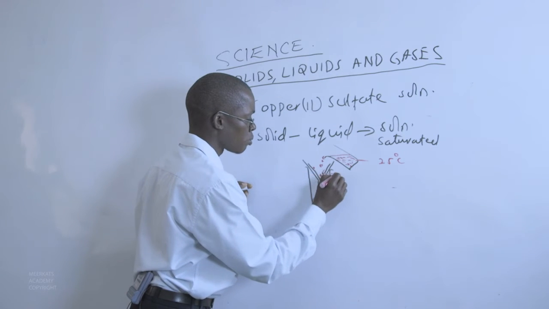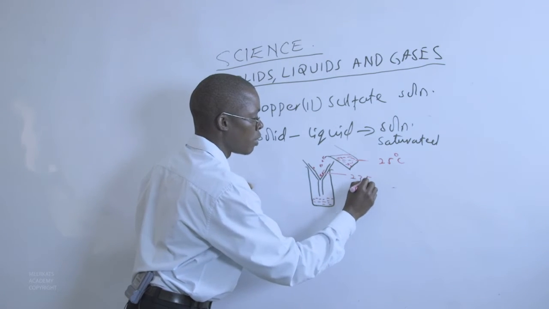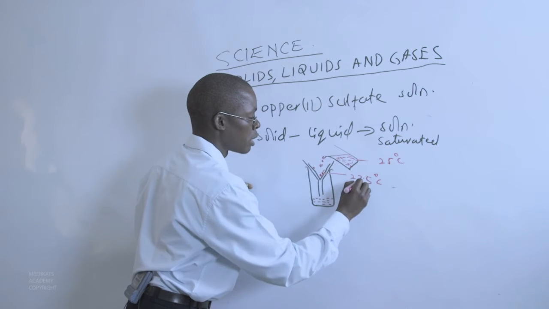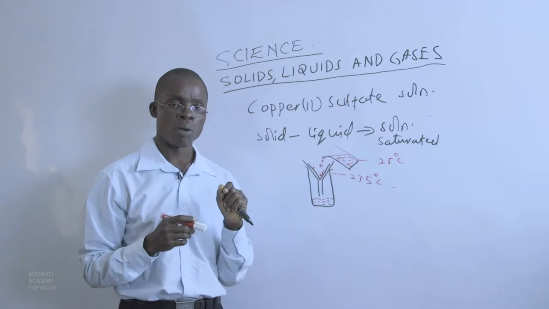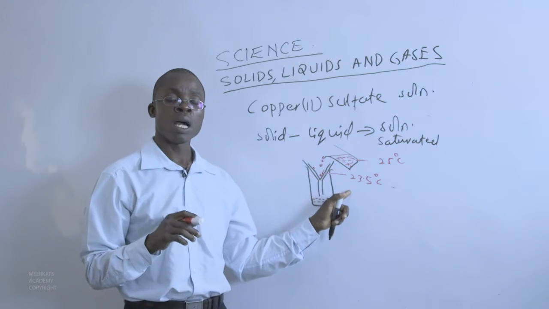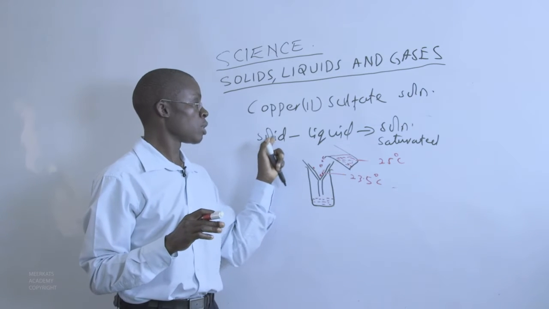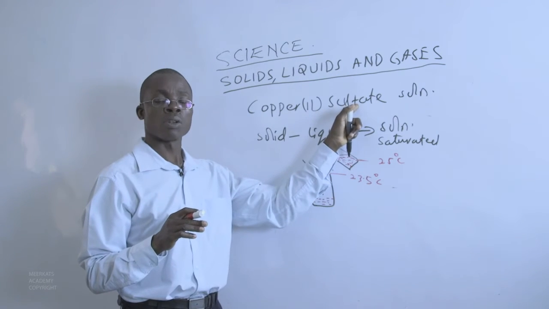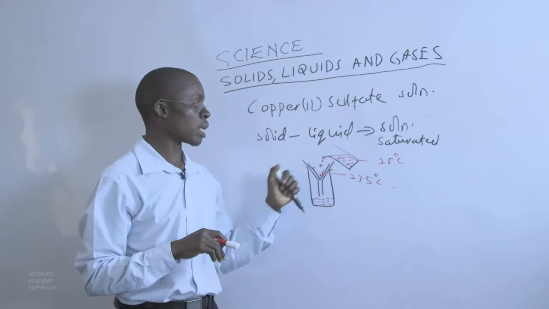Now the temperature at this point is 23.5 degrees centigrade. Even if the drop is this small, it is a drop. And at the end, it will automatically affect the rate at which the solid, which is copper 2 sulphate crystals, dissolves in the liquid, which is water for our case here.